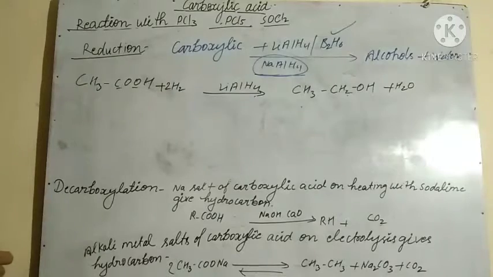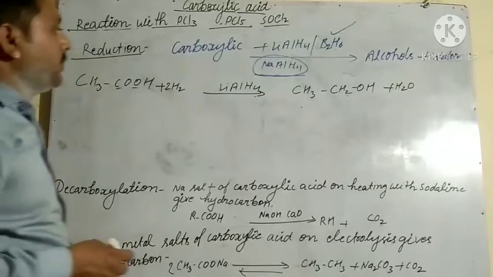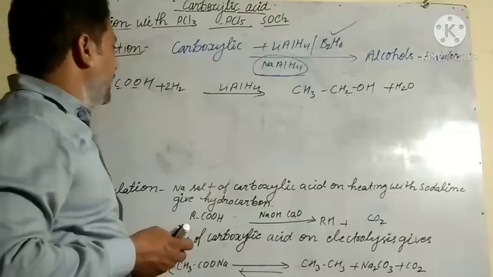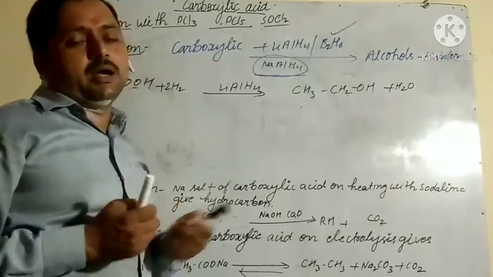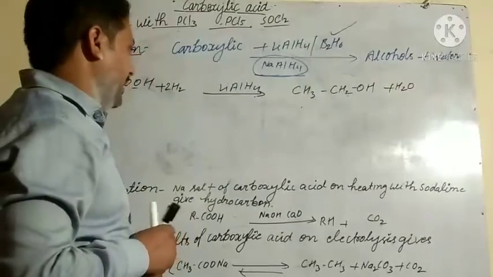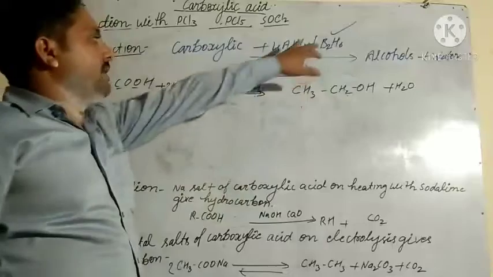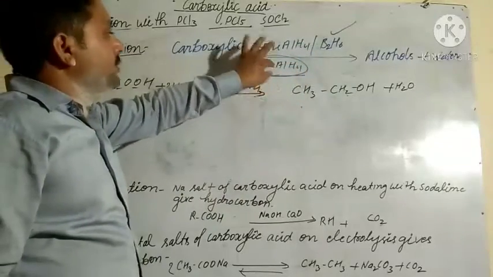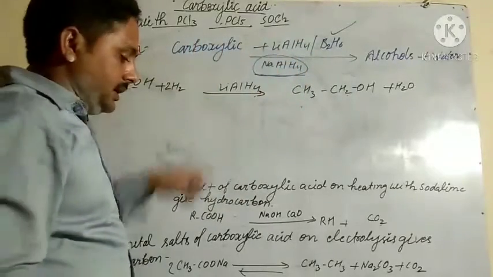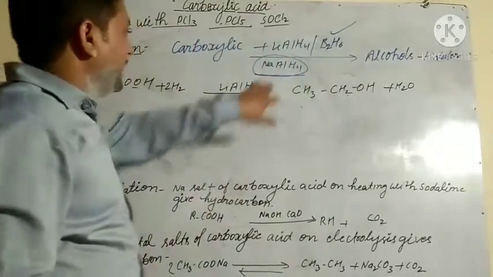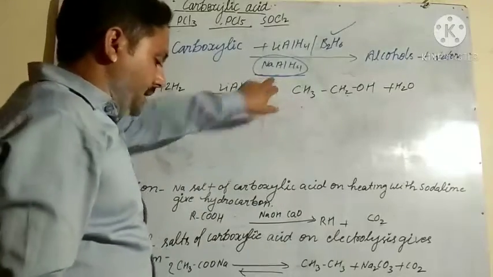So we have seen that carboxylic acid is reduced into alcohol by lithium aluminum hydride or diborane. We can use diborane also, and we can use this also, but it is not so effective that it can reduce acid.